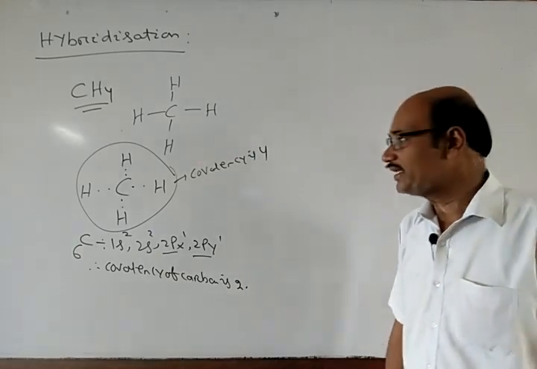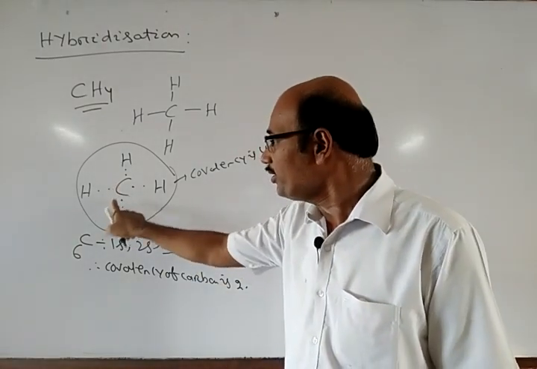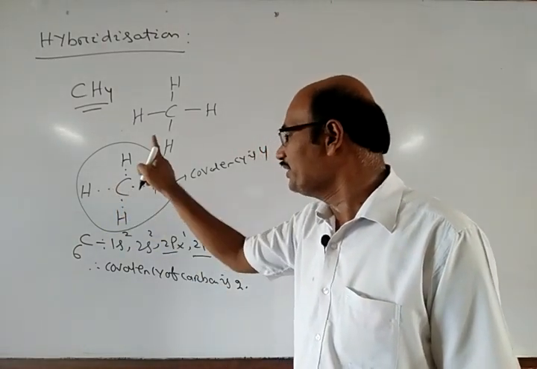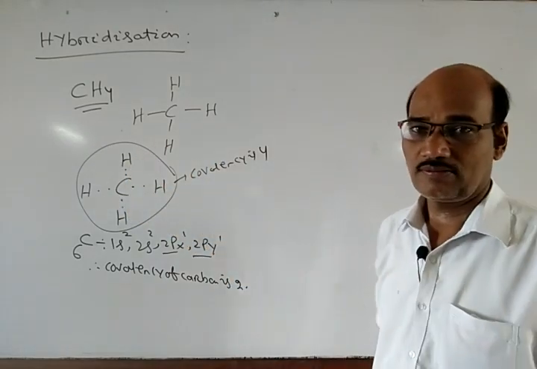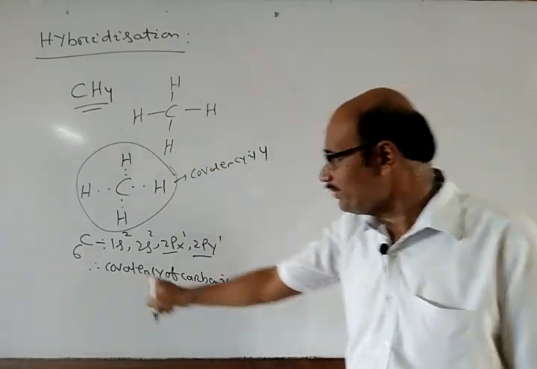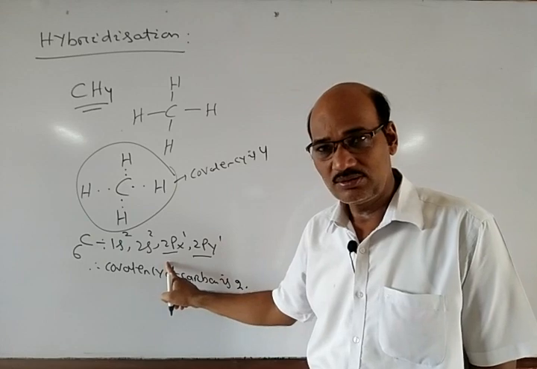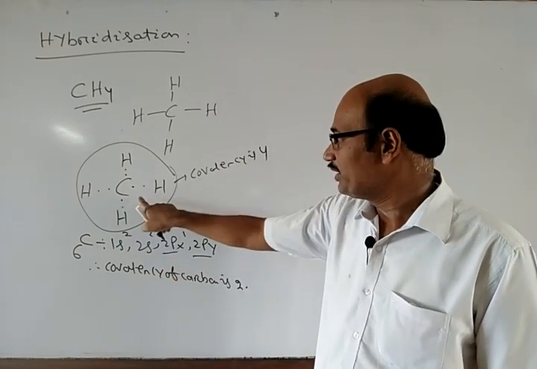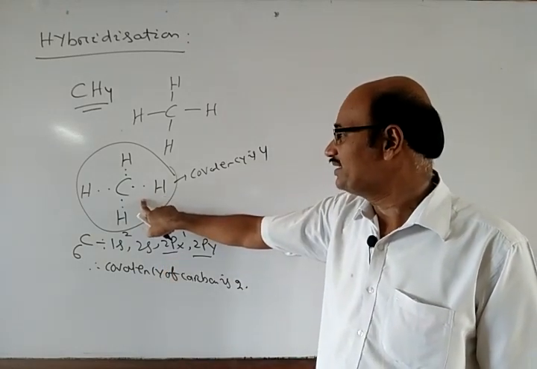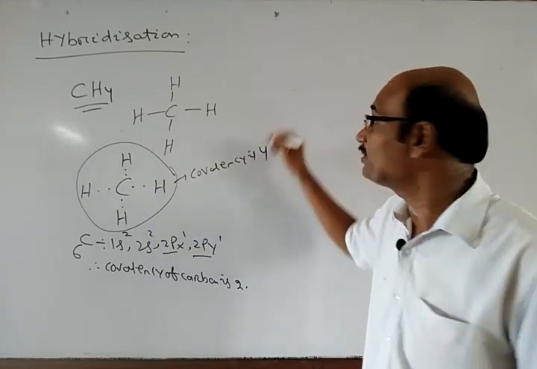That means there are 4 unpaired electrons in the valence shell. Actually we have 2 here, but when you see the methane molecule, its valency is 4. So what happens here?